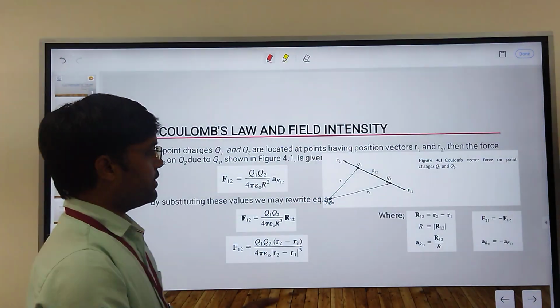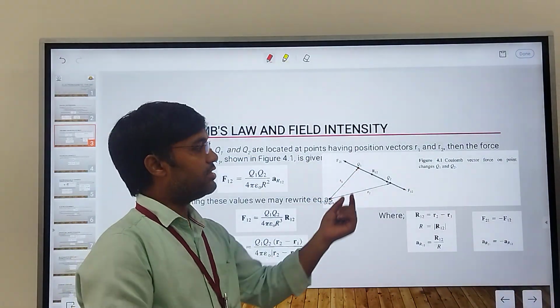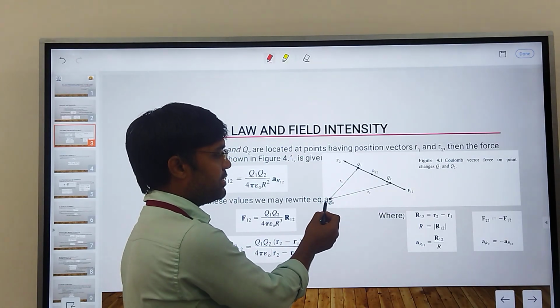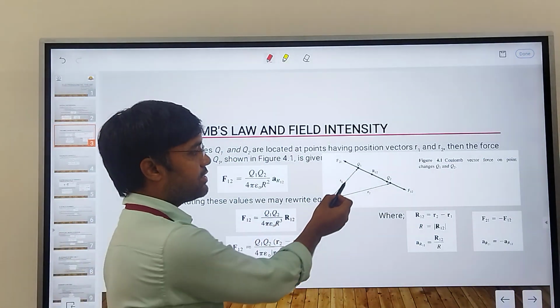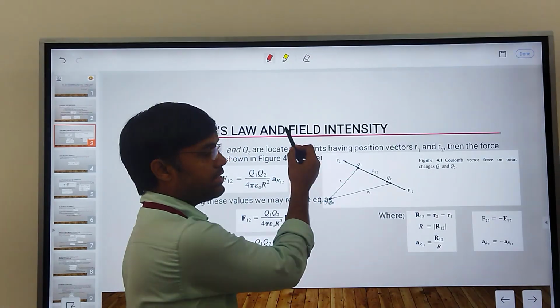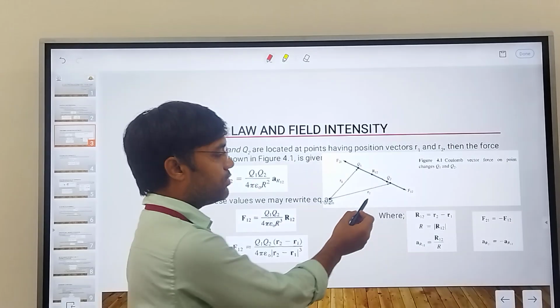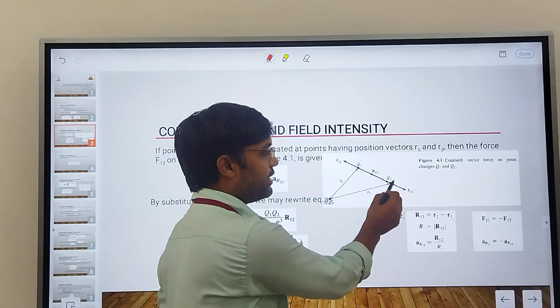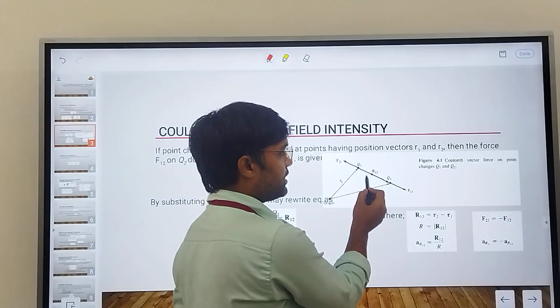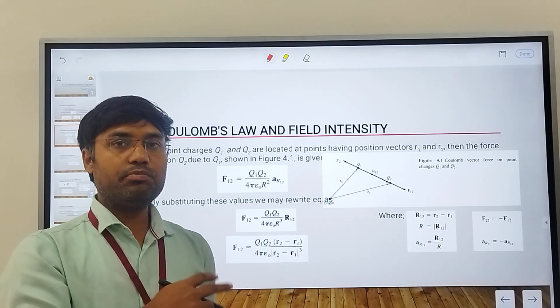Next, this is the graphical representation of two point charges Q1 and Q2 placed at distances R1 and R2 from the origin. The distance vector between Q1 and Q2 is R12, the force on Q1 is F21, and the force on Q2 acts in the opposite direction, that is F12. So these two forces will be opposing forces.